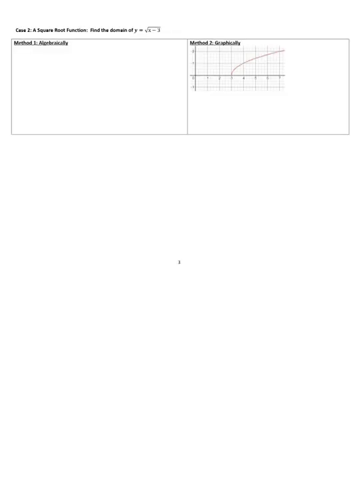Now let's look at another example here. We are told to find the domain of y is equal to the square root of x minus 3. So how do we do this one? This is what we need to know: the number under the radical, x minus 3, cannot be a negative number.